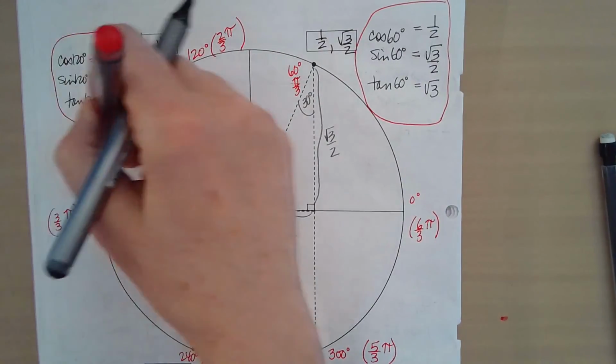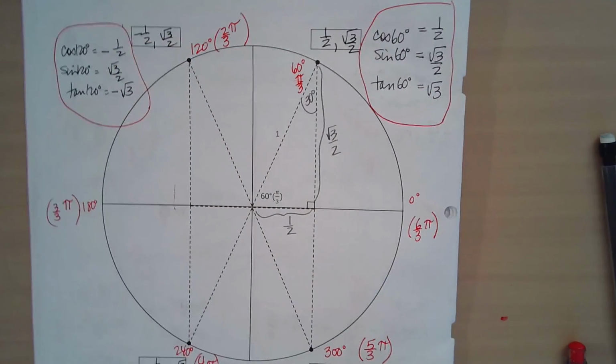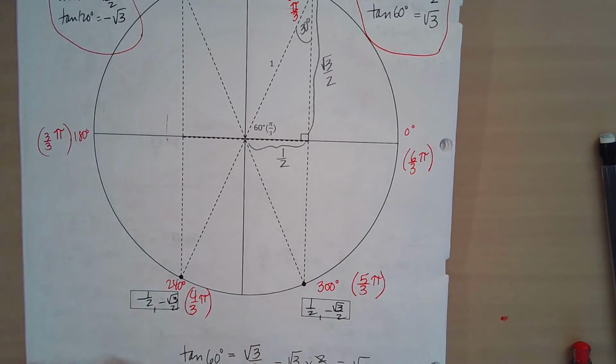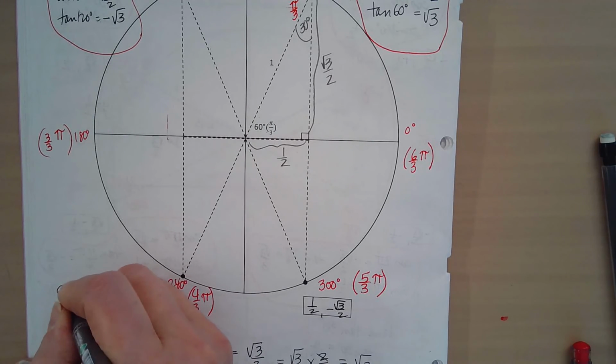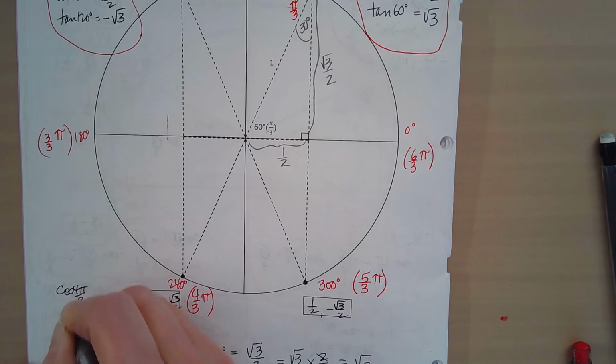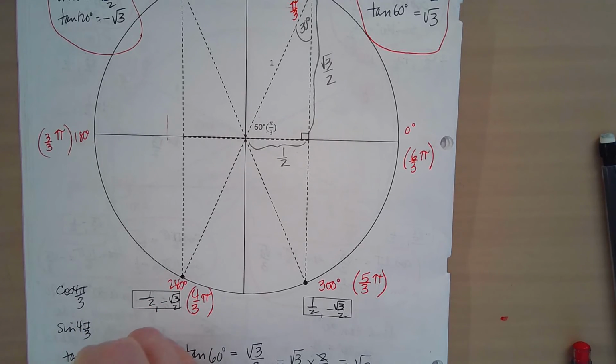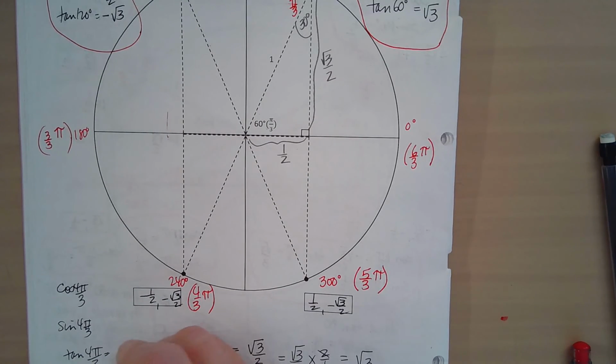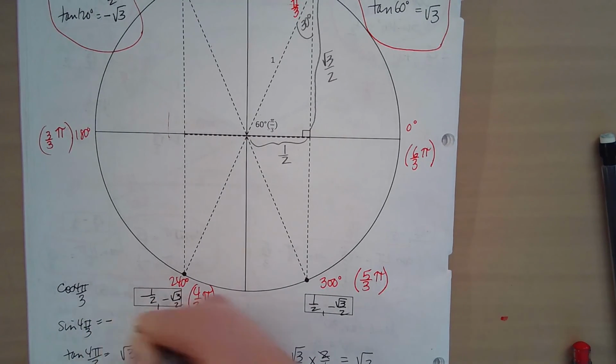And then just to complete our circle, the last two down here, I'll say cos of 4 pi on 3, sine of 4 pi on 3, tan of 4 pi on 3. The only one that's positive is tan. These two are both negatives.